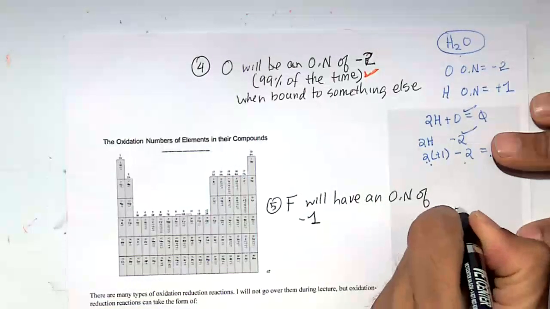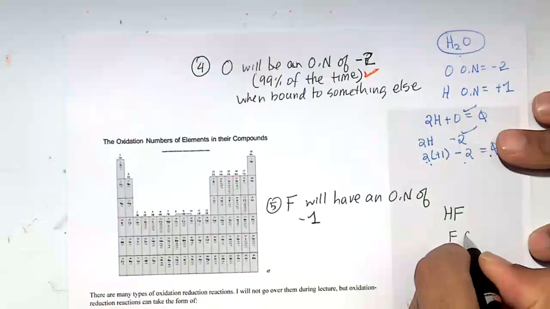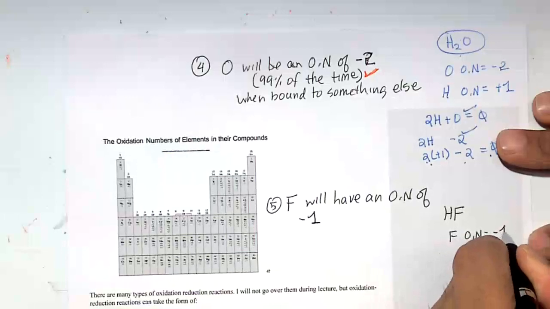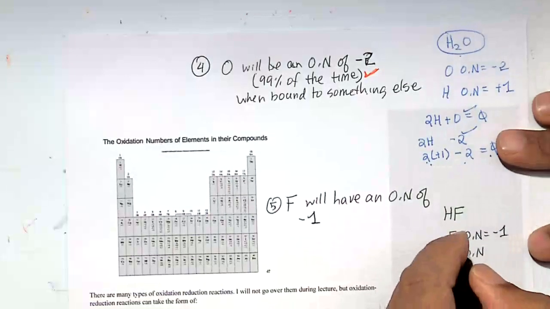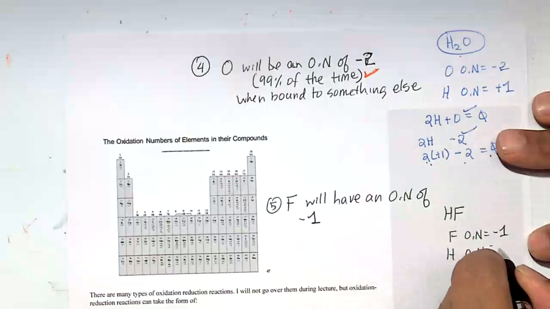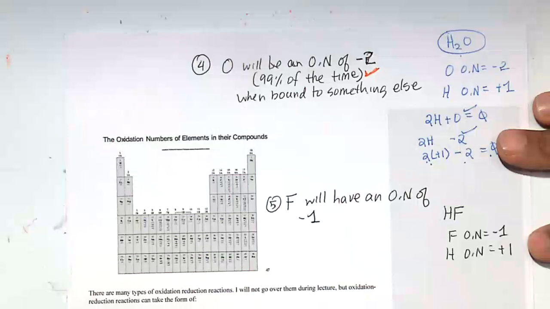So what's the oxidation number of fluorine in hydrofluoric acid? Okay, it's the same as the ion. What's the oxidation number of hydrogen in forming hydrofluoric acid? It's the same as the ion.